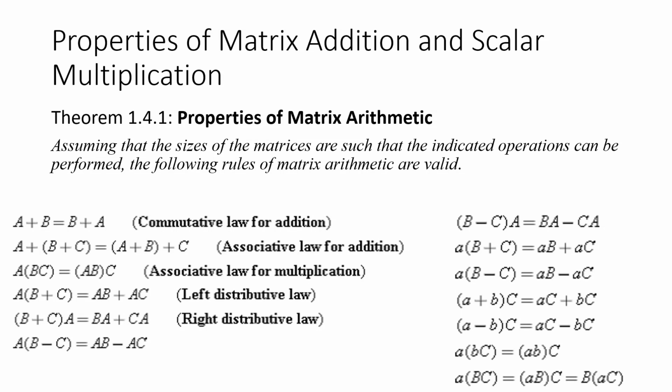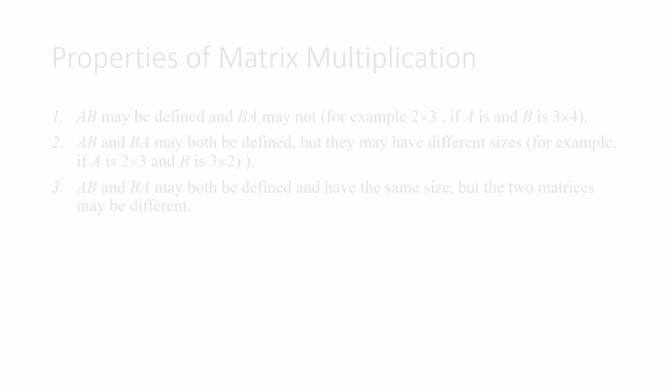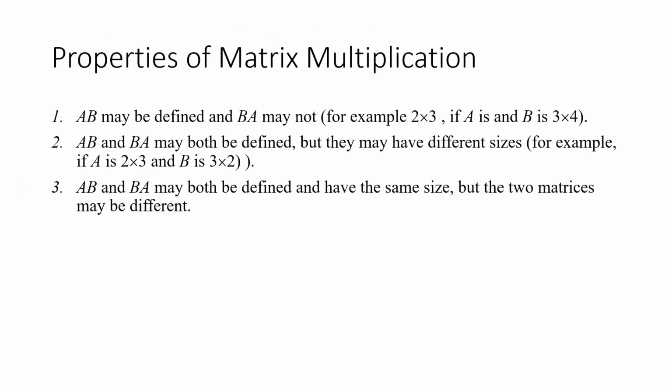And you have the scalar A times the quantity B plus C is equal to AB plus AC, and so on. So we have properties of matrix multiplication.